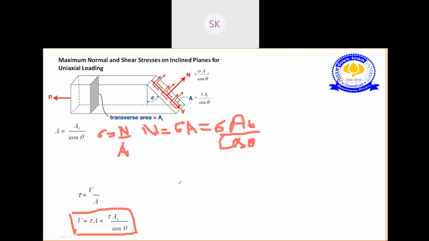Hope this much is clear to you all, how we got shear force and normal force in terms of sigma and tau. Am I audible? Yes, ma'am. Okay, I'm moving to the next part.